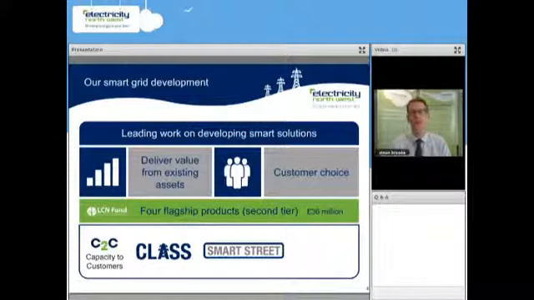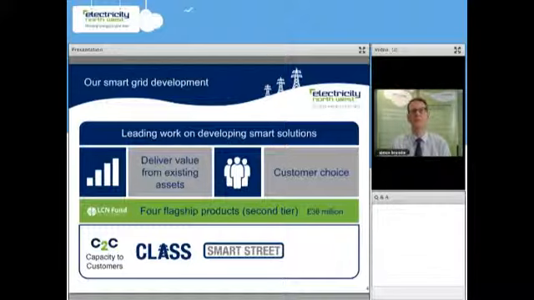They are all designed to deliver maximum value from the current assets that we have and give customers choice. So in both Class, Capacity to Customers, and Smart Street, we are looking at demand response tied in with active network management solutions. And under the Respond project, we'll be looking for a fault current limiting service provided by our customers to help us manage fault levels on our network.